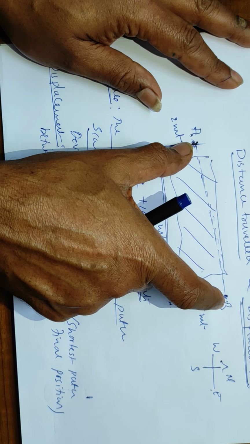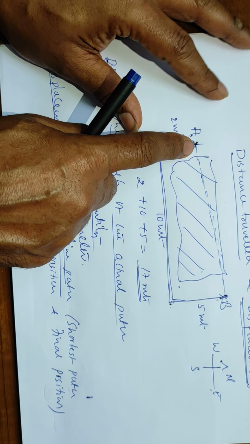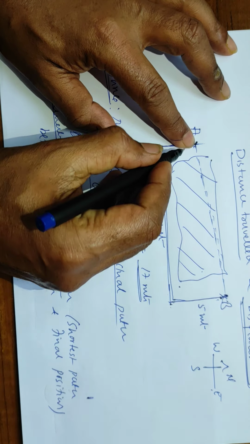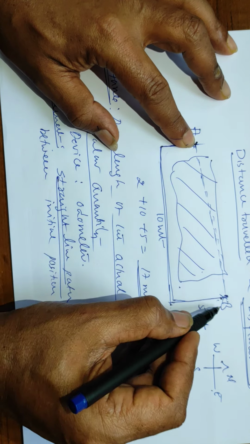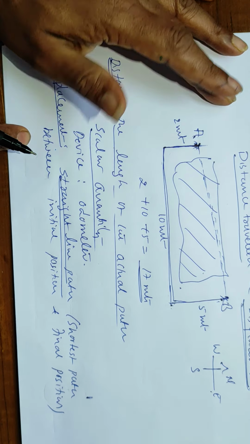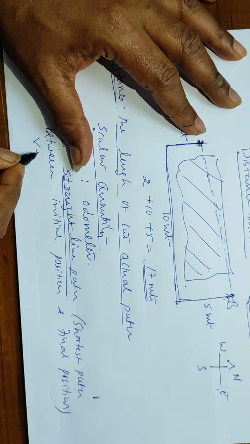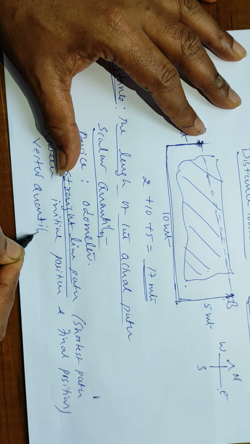That means it has magnitude, and you can show the direction in which the person has been displaced. The object has been displaced in this direction. We can mention the direction. So here displacement has both magnitude and direction. Therefore it is a vector quantity.